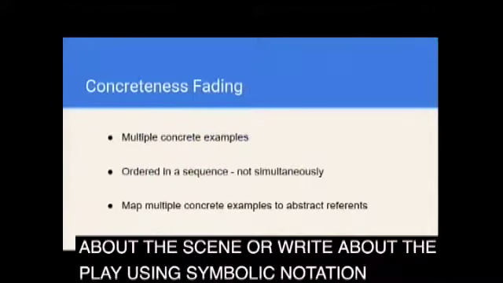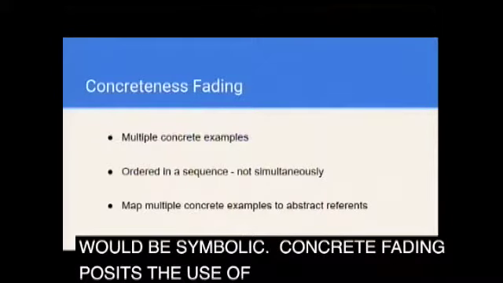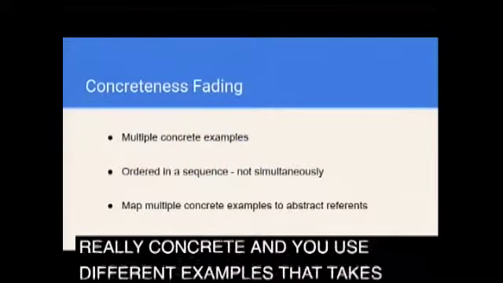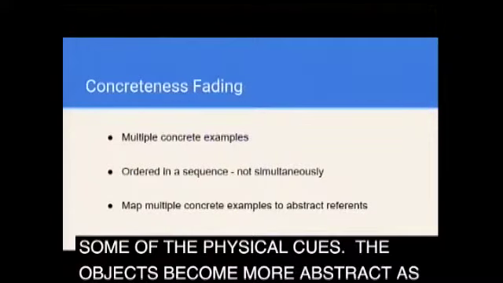Concreteness fading posits the use of multiple concrete examples. So you start with something really concrete, and then you use different examples that take away some of the physical cues. The objects become more abstract as you move along this continuum. They're ordered in a sequence for that reason.